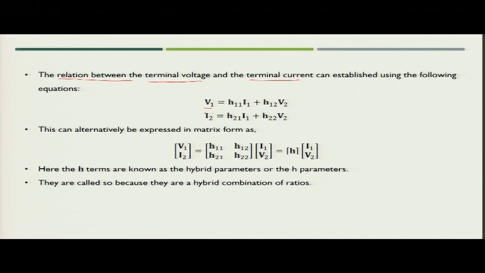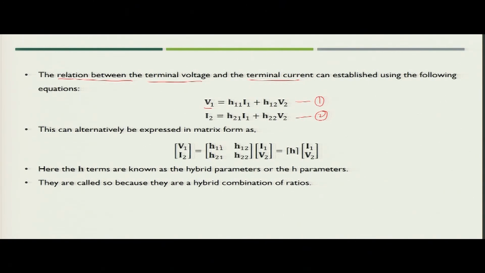Similarly, the output port current I2 has a relationship with the input port current and output port voltage, and we define it as I2 = H21 I1 + H22 V2. So, these are the two basic equations to find the H parameters.